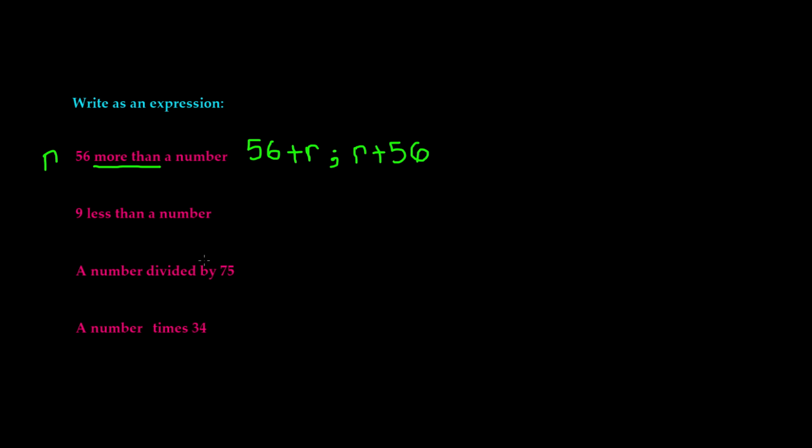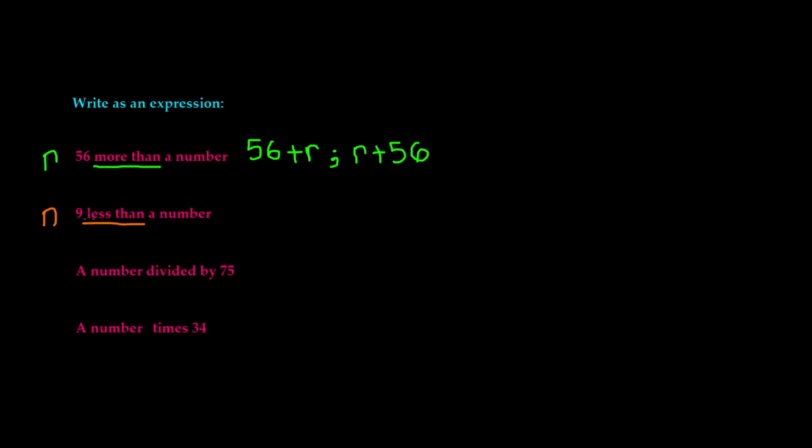Alright, let's take a look at our second one. It says 9 less than a number. Less than tells us we're dealing with subtraction. The commutative property does not apply for subtraction or division, so we can't write this in multiple ways. We have to write it just as it's said. A number could be any variable, so let's say we use the variable n.